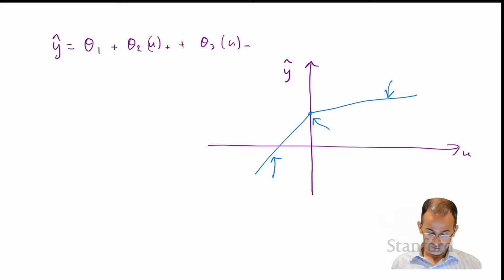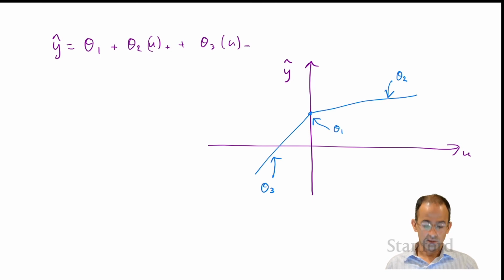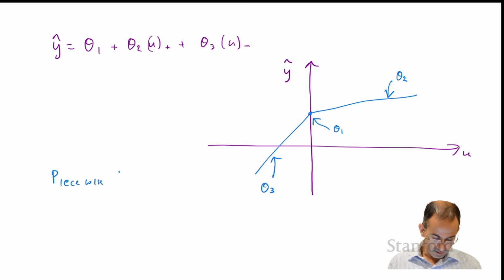In particular, the intercept is theta 1. The slope of this part of the line is theta 2, and the slope of this part of the line is theta 3. And so I have a piecewise linear function.